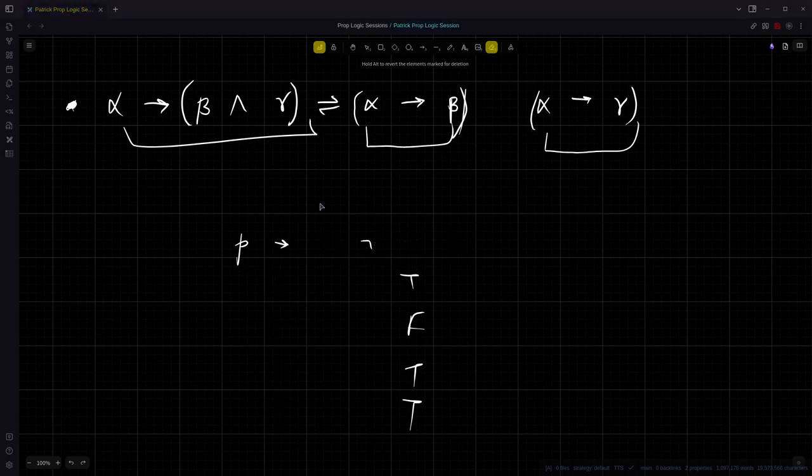One second. Because I'm too lazy to draw the truth table, I'll just write P implies Q and R, P, Q, and, P implies R, right?